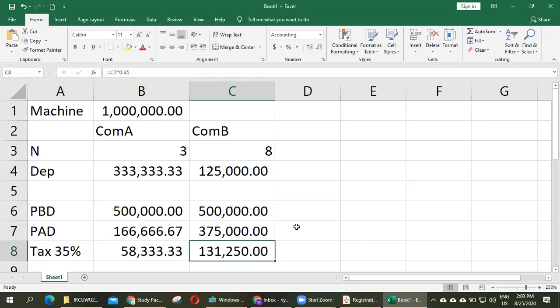So my question is, which company pays more tax in this scenario? Company A or company B? Which company pays more tax? Yes. Company B paid more tax. Good. So what is the reason for that? What is the reason?